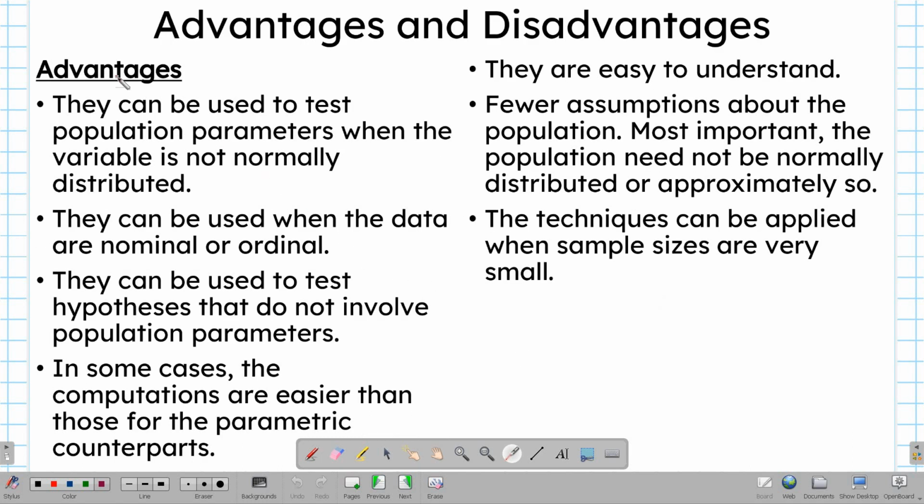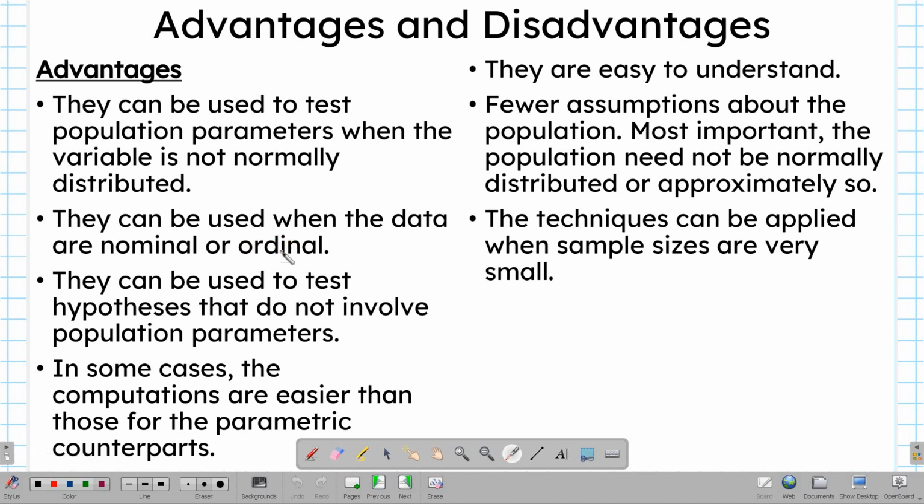Now, non-parametric methods can be used when the variable is not normally distributed, because although a lot of variables are normally distributed, not all are. So if the variable is not normally distributed, it will be helpful to use non-parametric methods. Also if the data are nominal or ordinal.